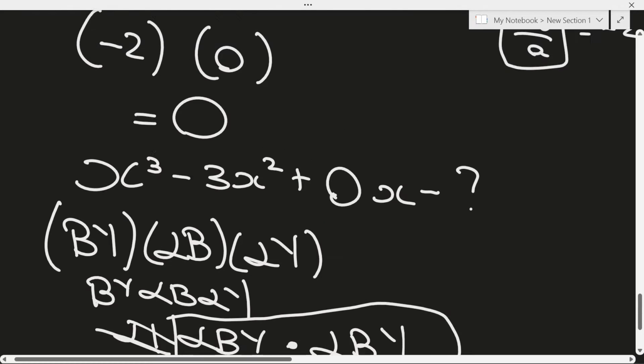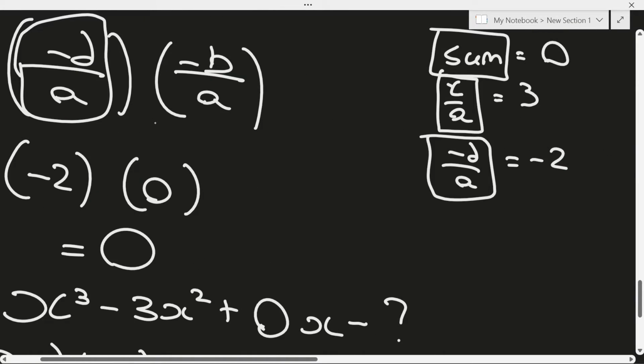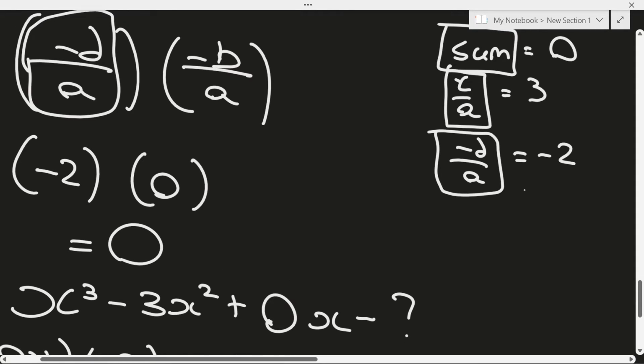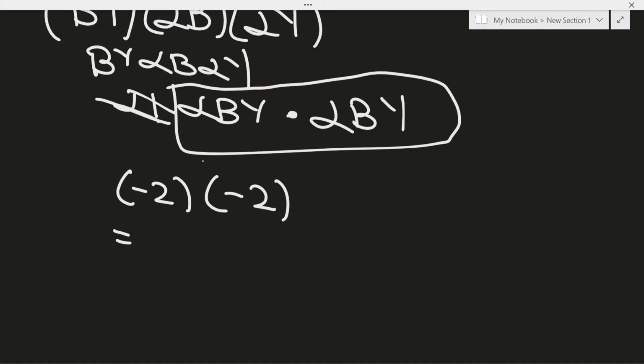We know that alpha times beta times gamma is the product of the roots, and that is equal to minus 2. So we'll have minus 2 times minus 2. And negative times negative is equal to a positive, and 2 times 2 is equal to 4.